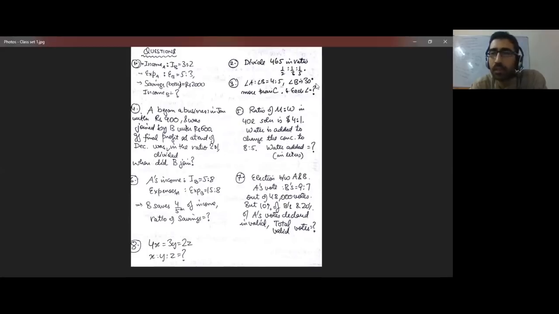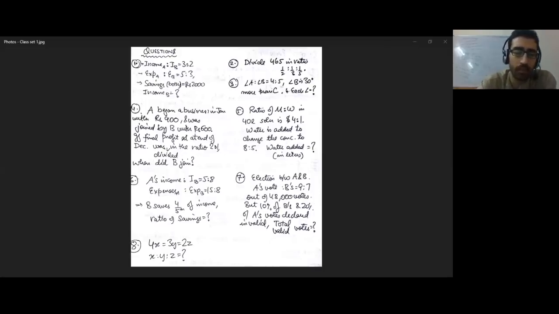Okay, question number 3. Sorry. I just realized this is the old document, old version. A, B, and C are angles of a triangle. A, B, and C are angles in a triangle. In triangle ABC, basically.